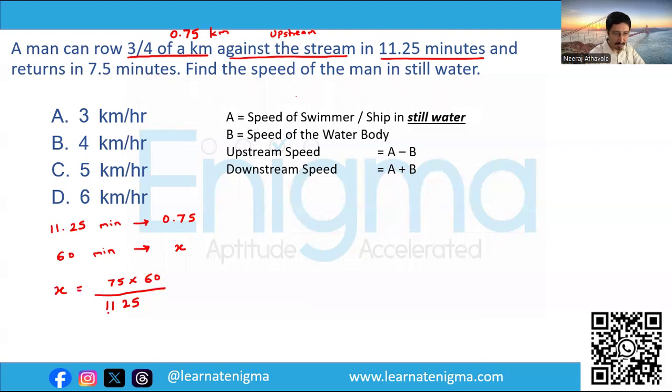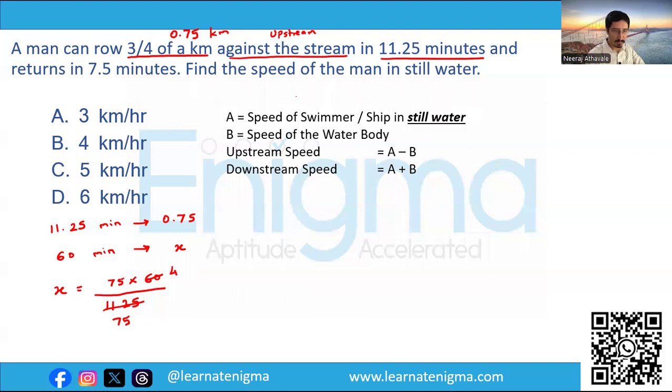Now you can see that the denominator is divisible by 3 as well as 5. That means it will be divisible by 15. And both the values in the numerator are divisible by 15 as well. So let's divide it by 15. So 15 sevens are 105 and we have 75, and here it will be 15 fours are.